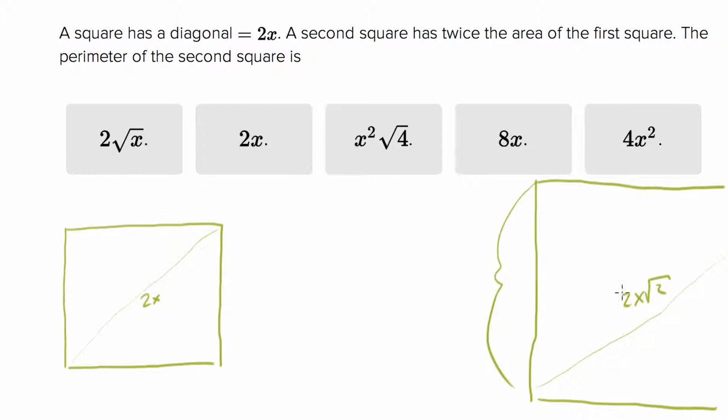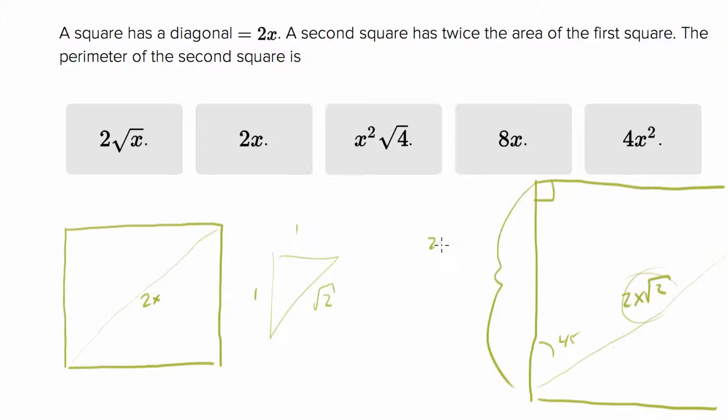Now, this square is made up of 45, 45, 90 triangles, of course. And the ratio of sides for a 45, 45, 90 triangle is 1, 1, root 2. Right? 1, 1, root 2, like that. So if you want the length of a side, we need to take the diagonal, divide by root 2.